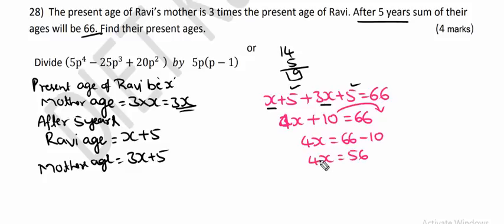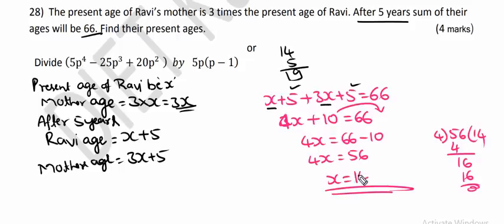So we divide 56 by 4. 4 ones are 4, that becomes 1; 4 fours are 16, that is 0. So x is equal to 14 is the correct answer.